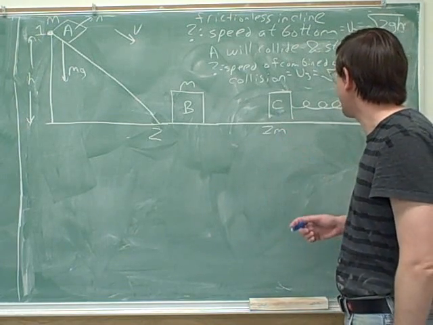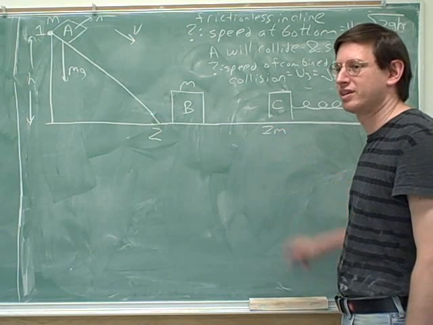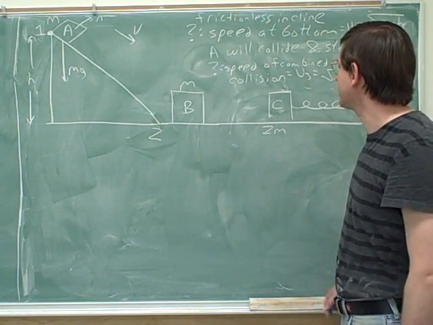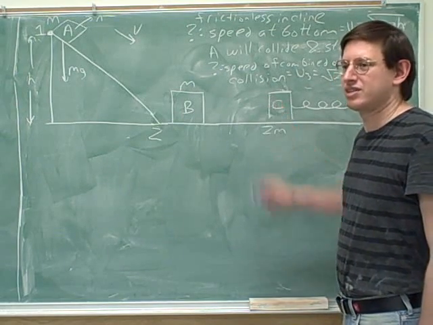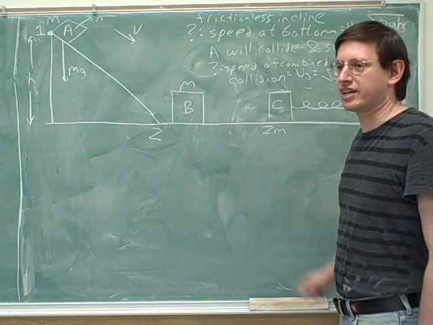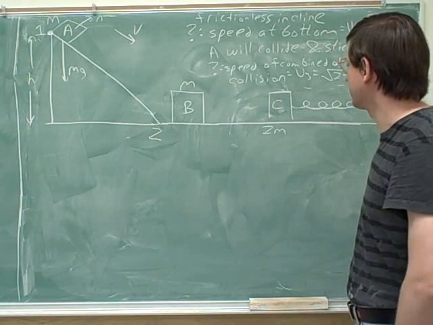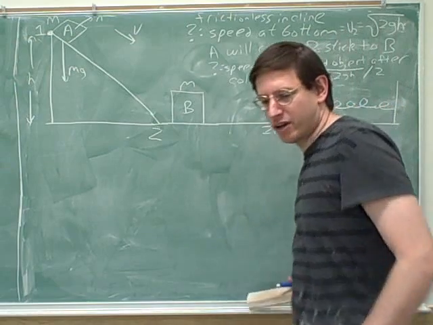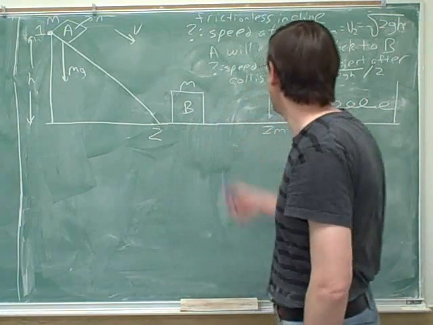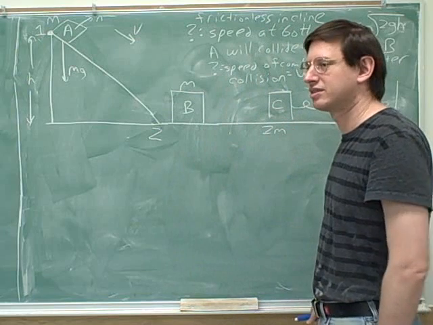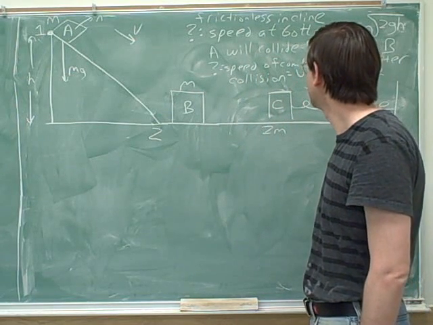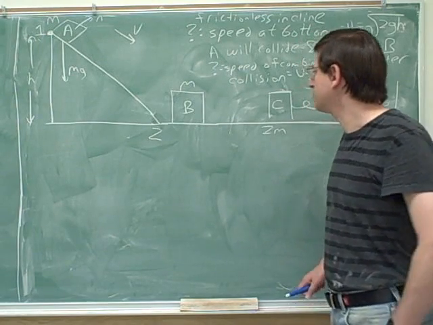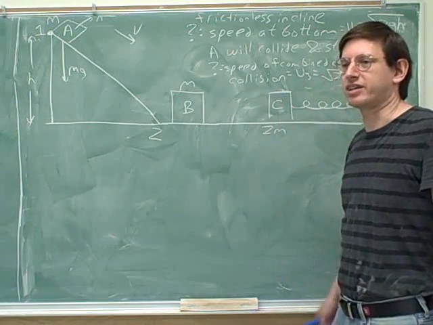Object C here is attached to a spring, and it has a mass of 2m. And let's say that it also has glue on the side. So when anything touches this, again, it'll stick. So again, everything's going to stick to everything else here. So what we're going to have now is the combined A and B object that's going to hit object C. So let's figure out what's going to be the speed of A, B, and C right after that collision.